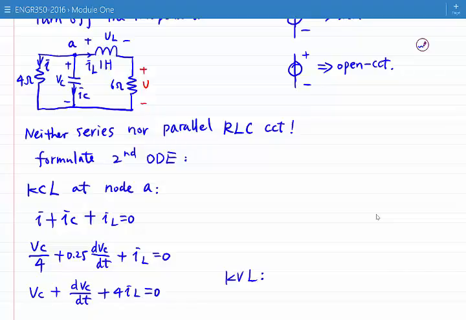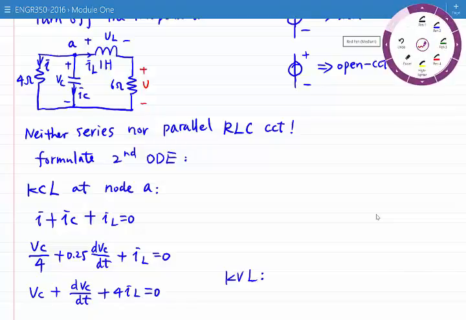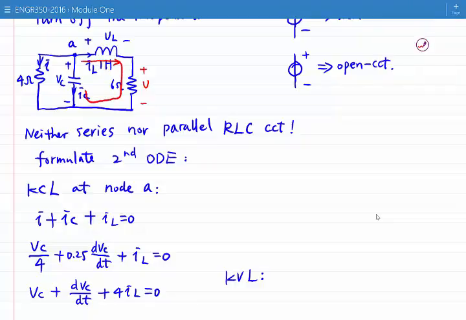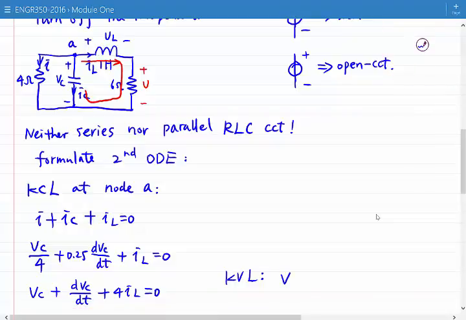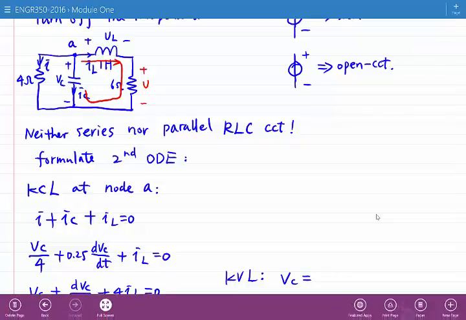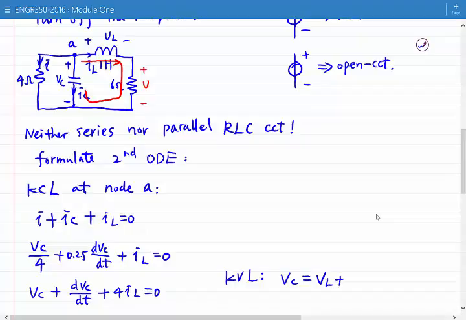We can use KVL to find out. If we look at this loop, using KVL, the VC voltage is equal to the VL voltage plus the 6 ohm resistor voltage.